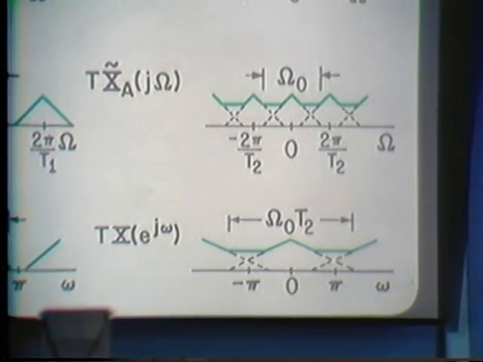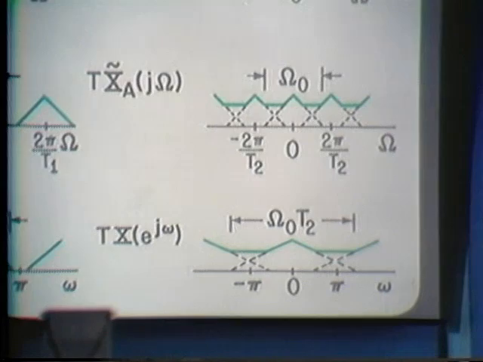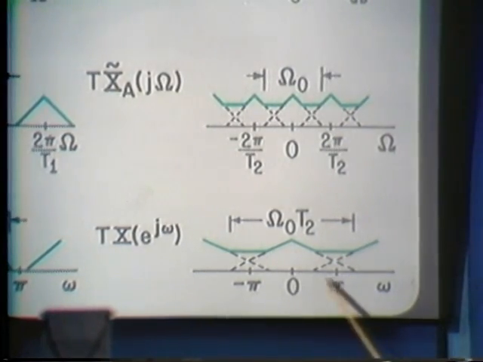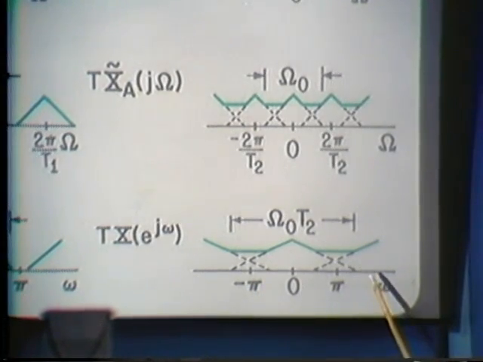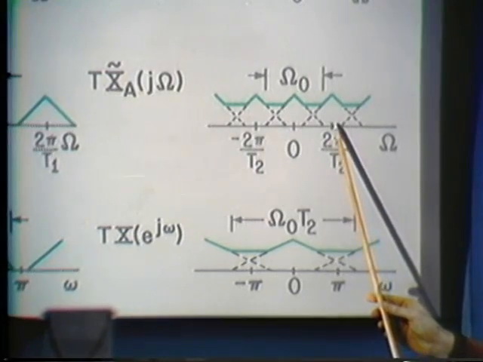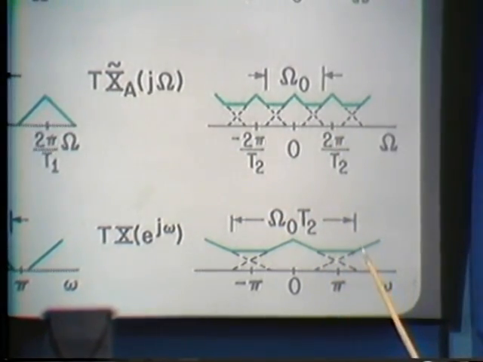And we see, as it better turn out this way, that the spectrum in the discrete time case is a periodic function of omega. In other words, it's periodic. Furthermore, the period is given by 2 pi, whereas here the period was 2 pi divided by capital T.